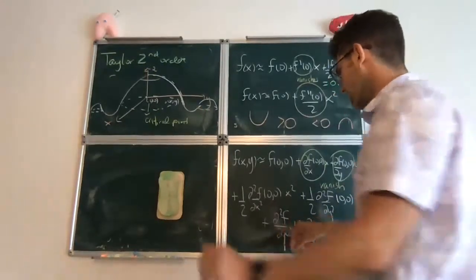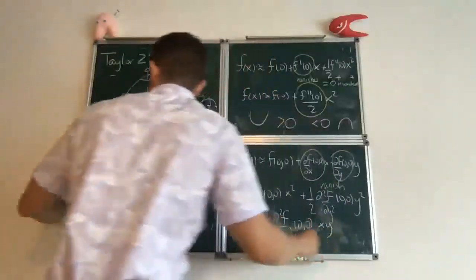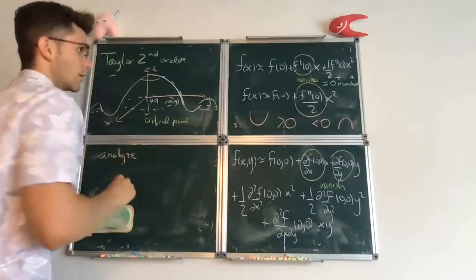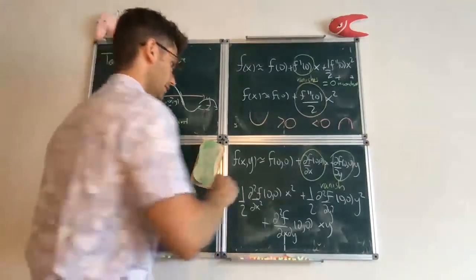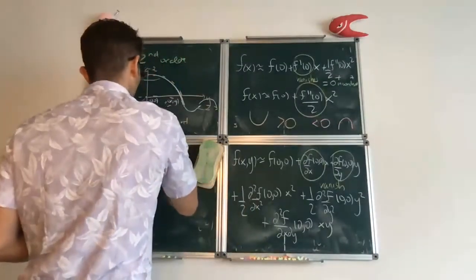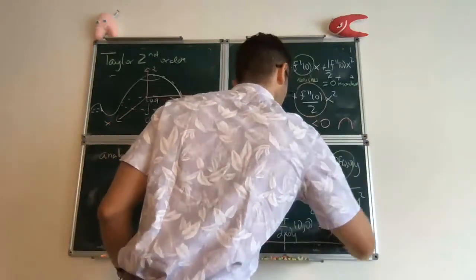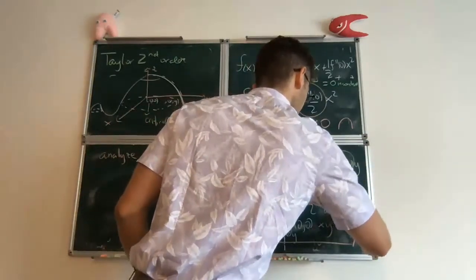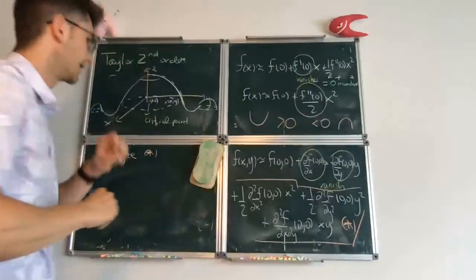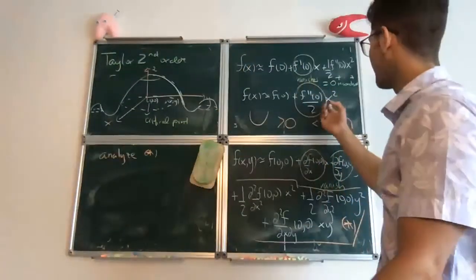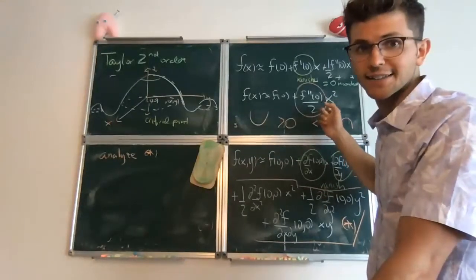Okay, and so now we would need to analyze an expression like this. The goal would be to analyze this quadratic expression, star, in the same way in which we analyzed the one-variable case. Now this one is very simple because it's just like x squared.